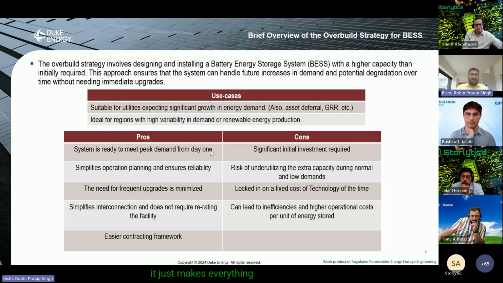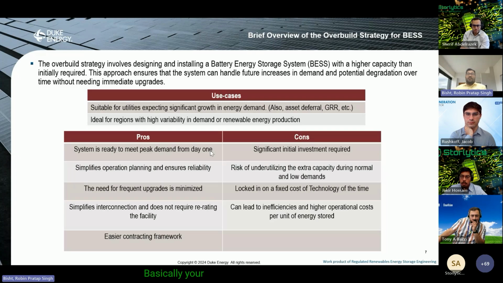So it just makes everything so much more simple. Cons, obviously, you have a huge capital required at the front end, right? That's one downside to an overbuild strategy. One of the things that we looked at is the underutilization of extra capacity during normal and low demands.